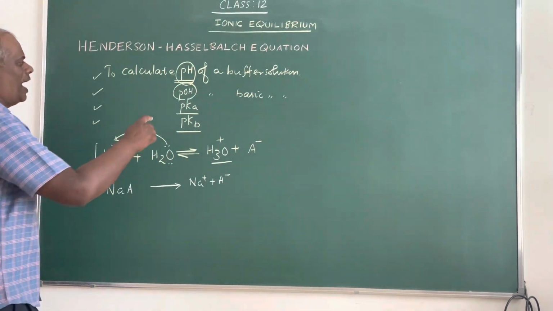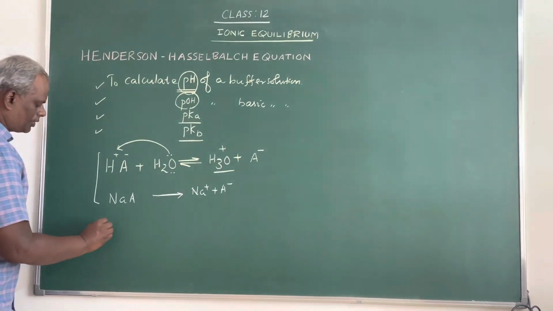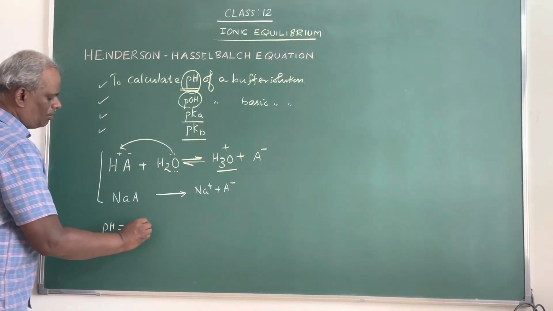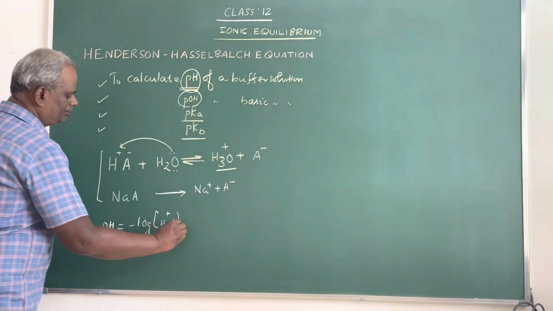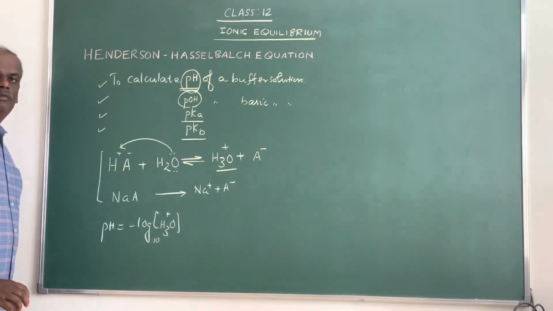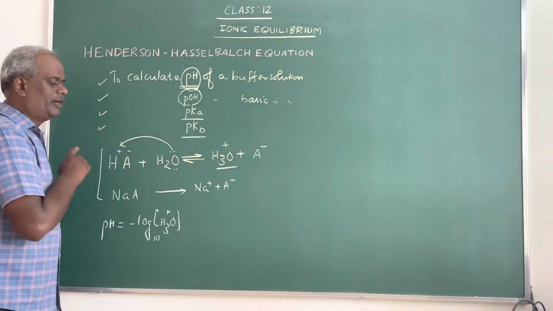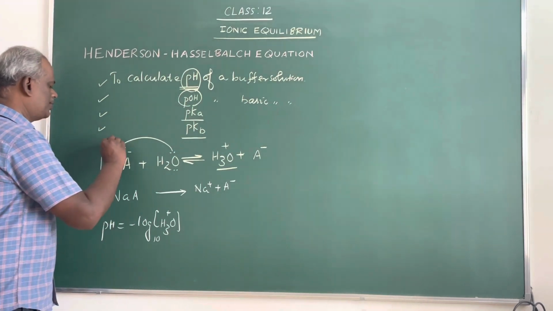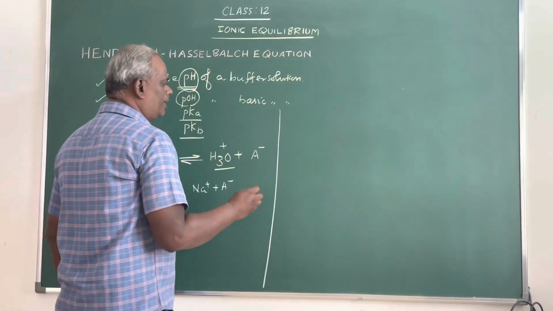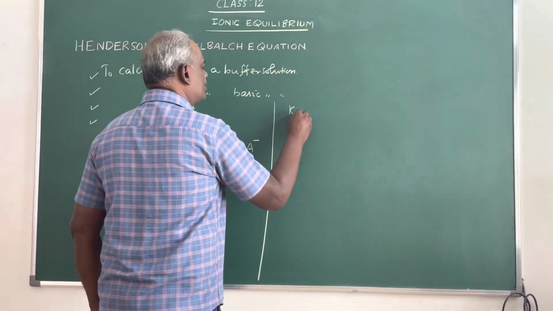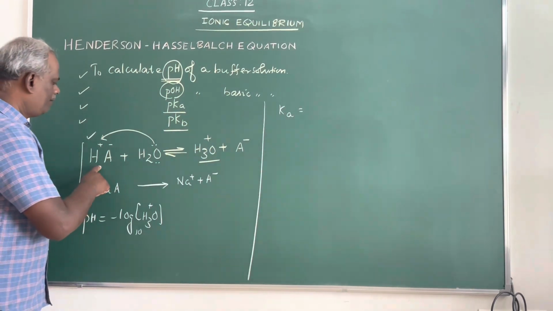Our aim is to calculate the pH. We know pH is nothing but the negative logarithm of hydronium ion concentration to the base 10. So how do we calculate the hydronium ion concentration for a given acidic buffer solution? Consider the first equilibrium. From that, we can determine Ka, the dissociation constant for the weaker acid.